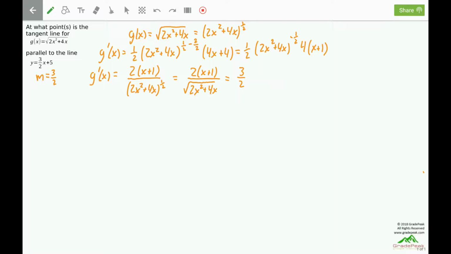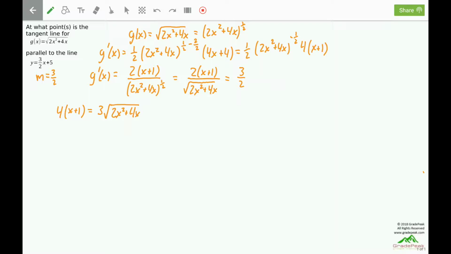2 times 2 is a 4, so I will have a 4 times the x plus 1, and then 3 times that square root. The 3 is not inside the square root, so I'll just leave it outside here, and then square root of 2x squared plus 4x.